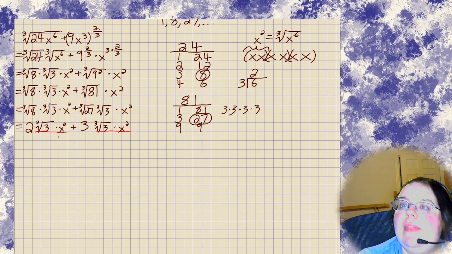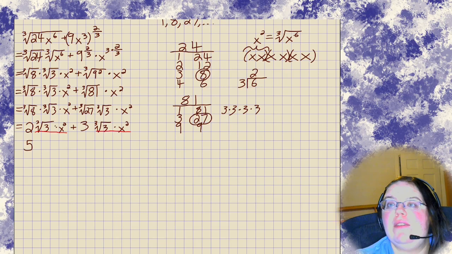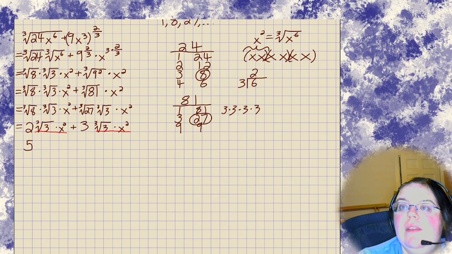So we can combine those. So in all, what we would have, well, 2 plus 3 is 5. So combining like terms still works if there's a radical involved. So we've got 5 times the cube root of 3 times x squared.